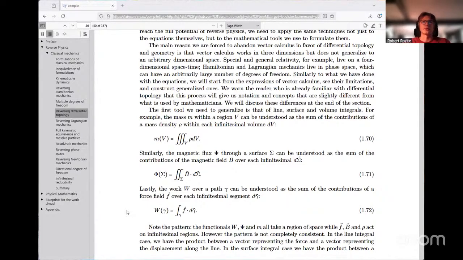Similarly to what we have done with the equations, we will start from the expressions of vector calculus, see their limitations, and construct generalized ones. We warn the reader who is already familiar with differential topology that this process will give us notation and concepts that are slightly different from what is used by mathematicians. We will discuss these differences at the end of the section.